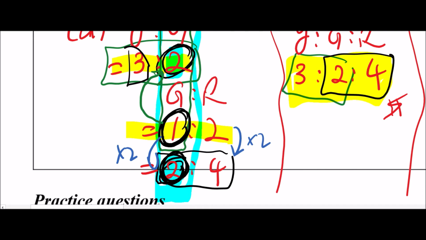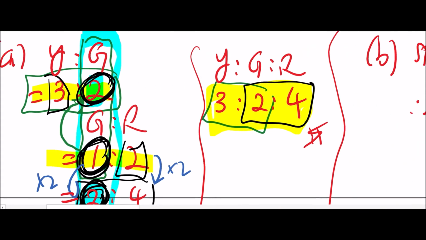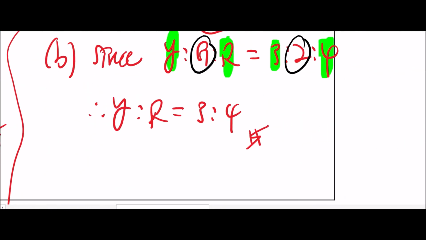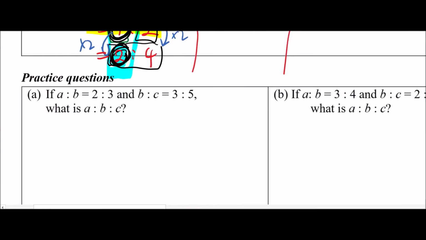For instance, 3 is to 2. We cannot just compare like this, because the ratio for the green, that number here is not the same. Only by turning it into a common 2, then we can immediately compare 3 is to 4. All right. Okay, so this is one example. Hopefully it is clear to you. Let's move on here. All right.